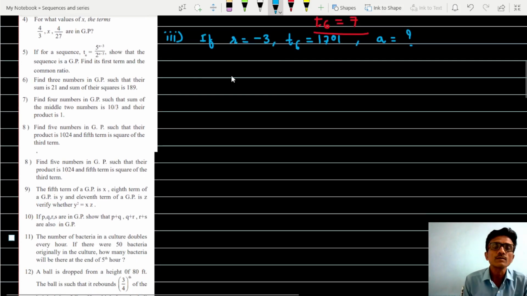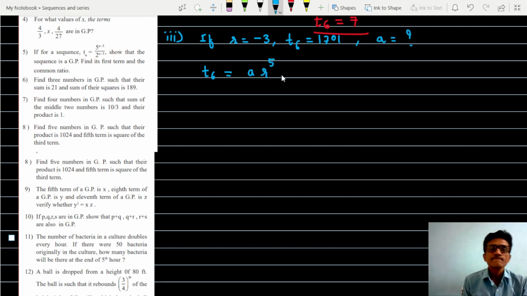T6 means what? Listen here. T6 is equal to AR raised to power 5. R is known to us और T6 भी पता है आपको, 1701, that is equal to A. A is to be find out here.